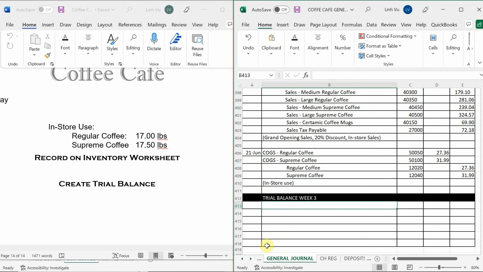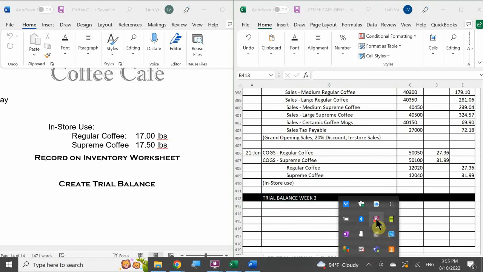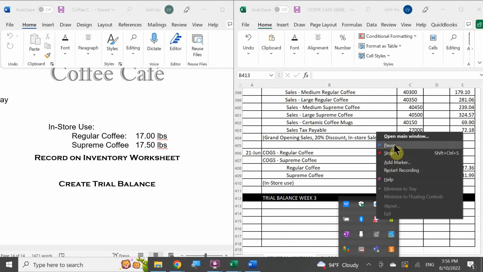I won't post the answers until tomorrow. Just in case we did make a typo somewhere in our journal, or in our general ledger, I don't want you to post the wrong answer. So again, I will only post once we finish and complete our trial balance successfully by matching our debits and our credits. So other than that, what's going to be expected for tomorrow?